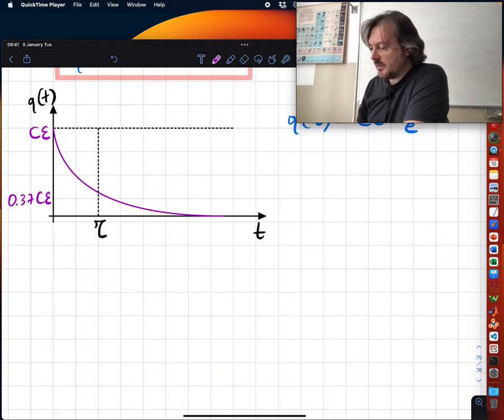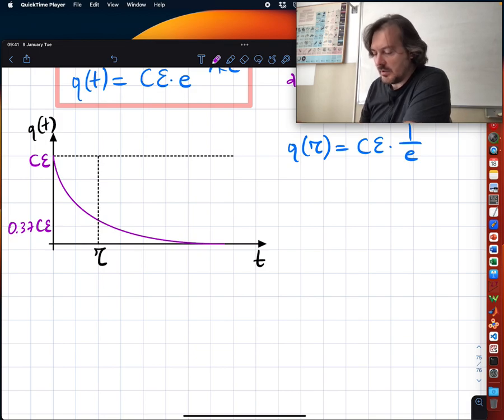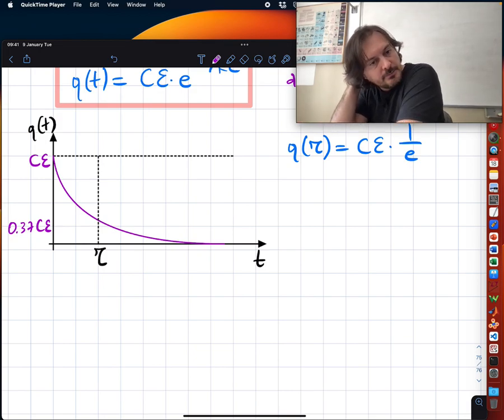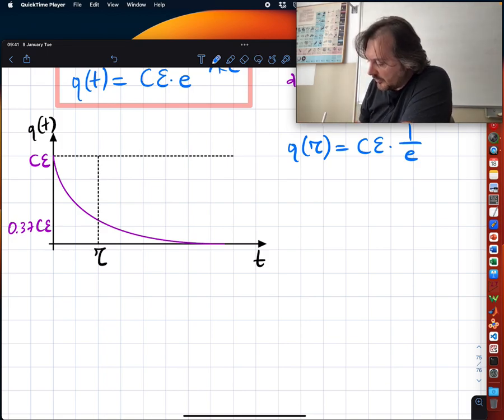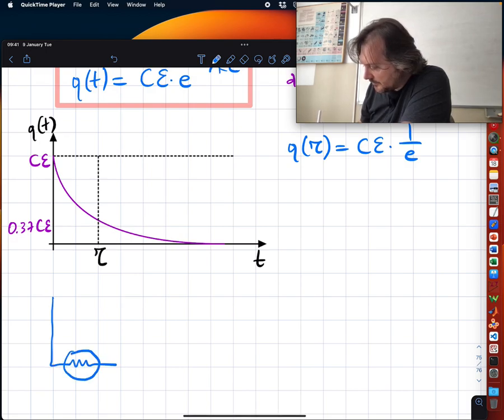We talked about a discharging capacitor and how Q goes down with time. But let's also talk about current. What happens to current? In this system, when it is discharging, let's say you had a lamp here.